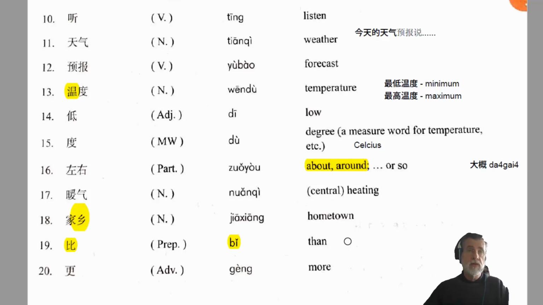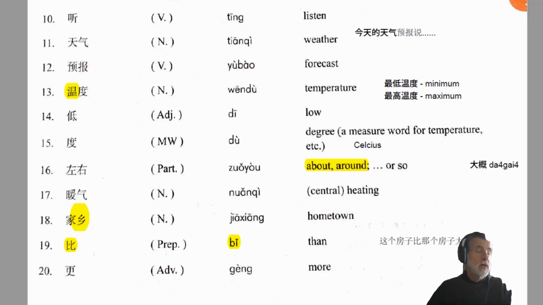So if you wanted to say this is bigger than that, you would say 这个房子比那个房子大.